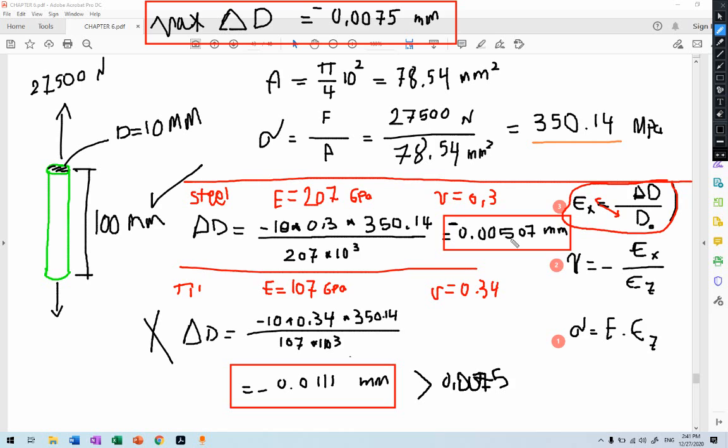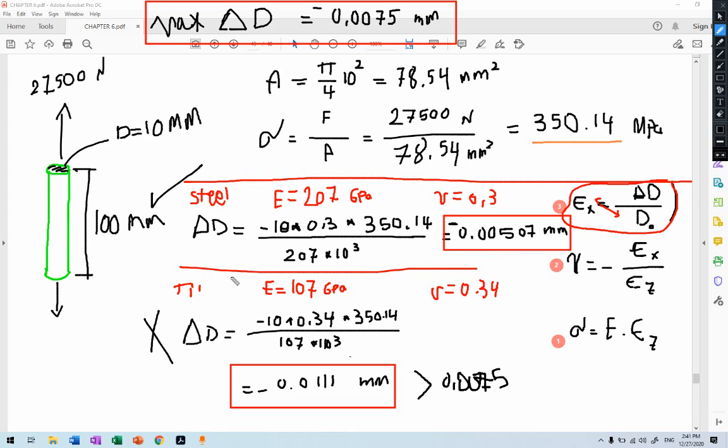You have to check in this manner to see whether the material you're using will be elastic first, because plastic deformation, shape change, is not preferred. At the same time, we have some limitations. And the limitation here is what? The change in the diameter must not be more than 0.075 millimeter. So you realize that we solved this by using the Poisson's ratio and the yield strength in order to make sure that the material satisfies the two conditions that we have.